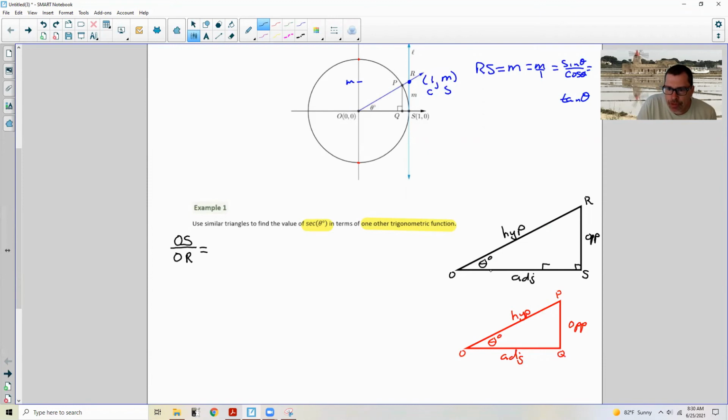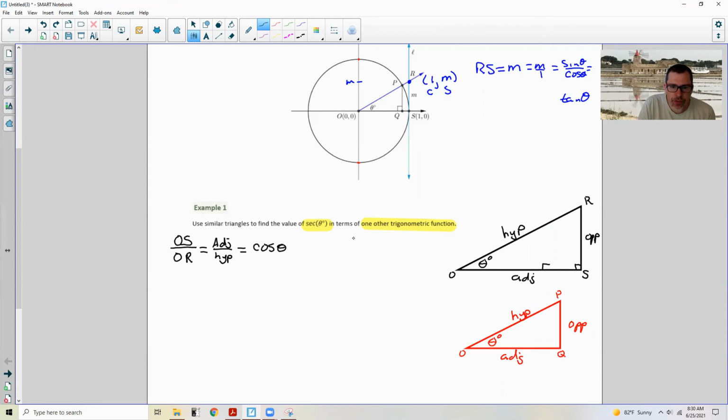OS is adjacent, and OR is the hypotenuse. Well, what is adjacent over hypotenuse? That is the cosine of theta. So OS over OR is cosine theta.